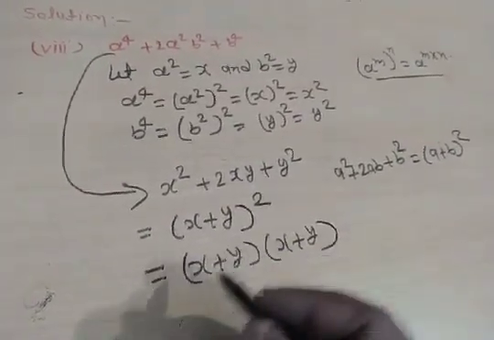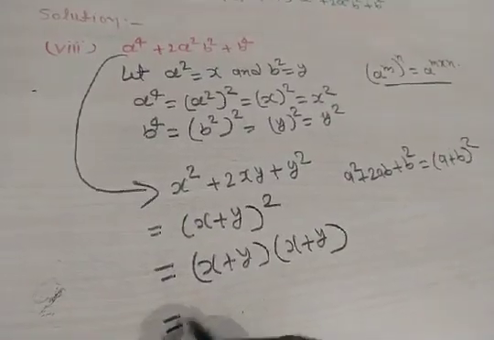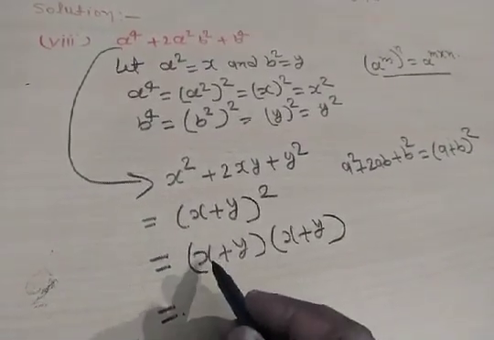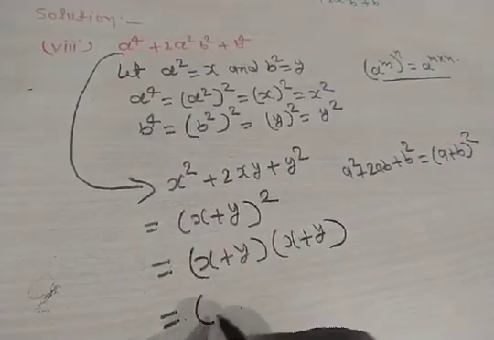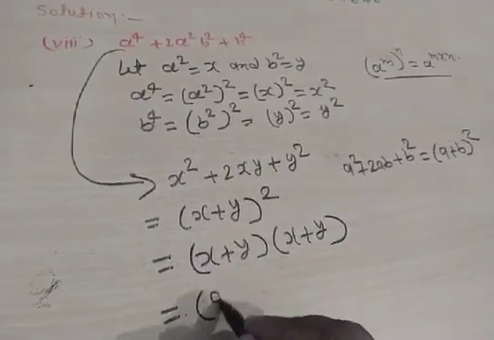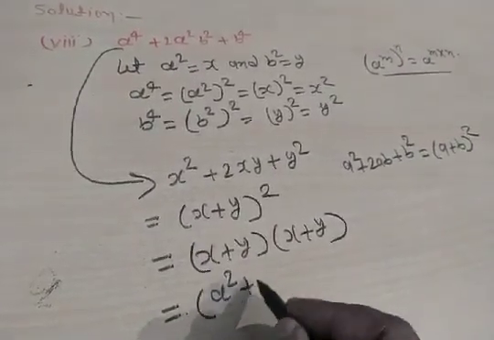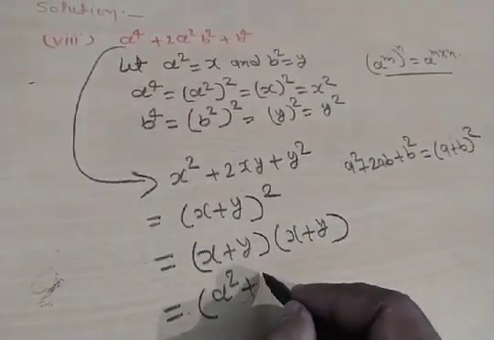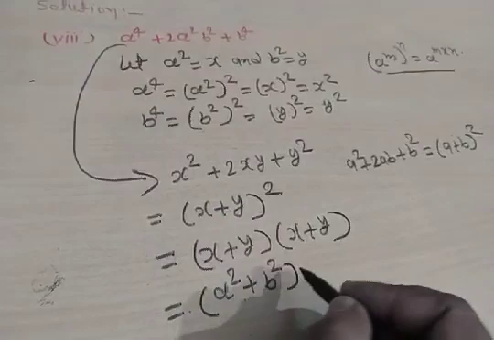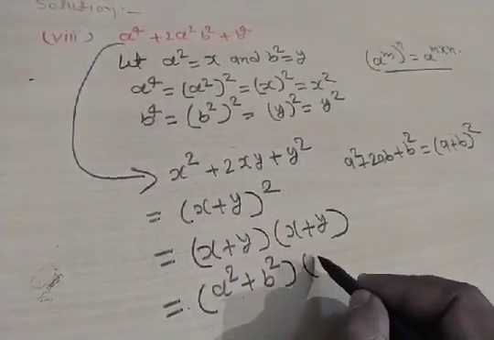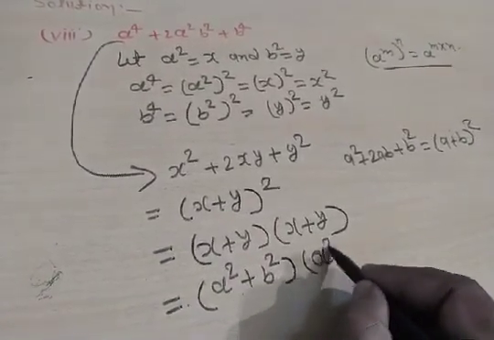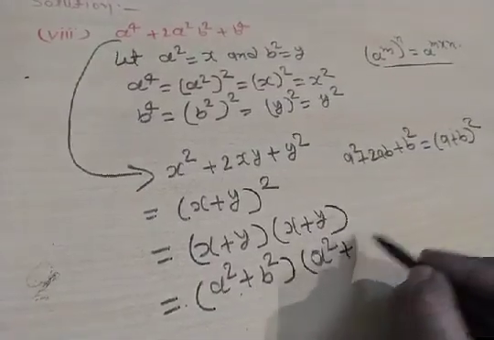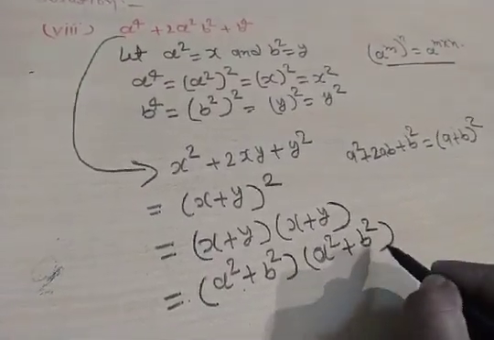Now we are putting the values of x and y. What is x? x is A square, so in place of x we write A square, and because we let B square be equal to y, it is B square. And here also, x is A square plus y is B square. Clear?